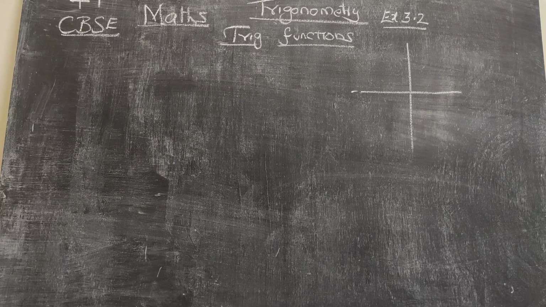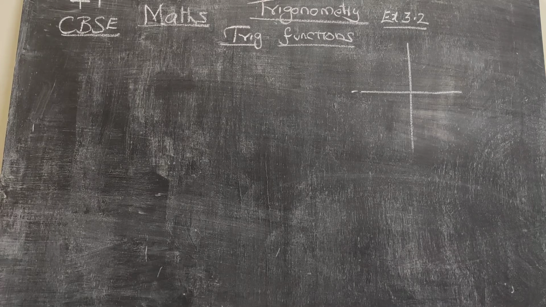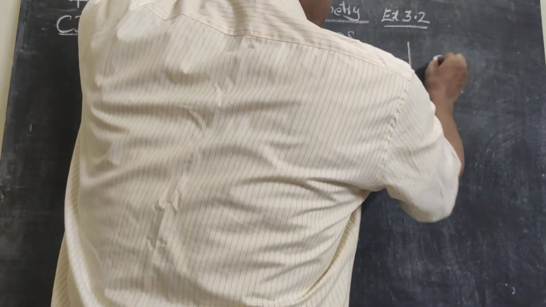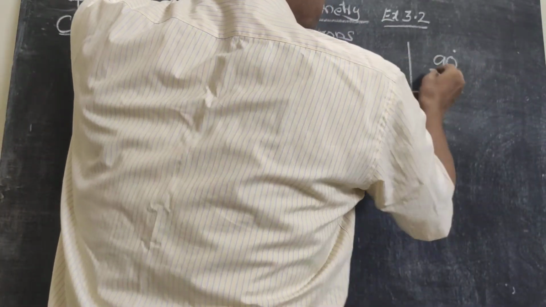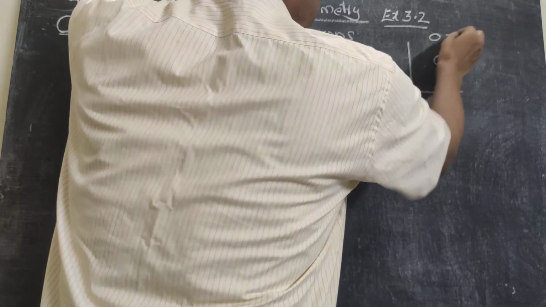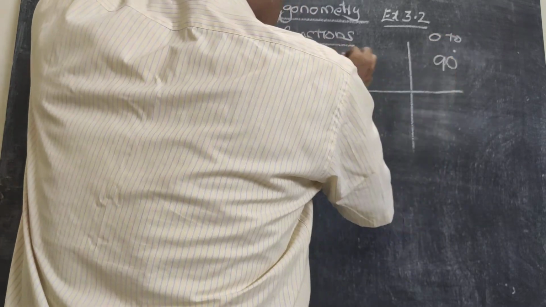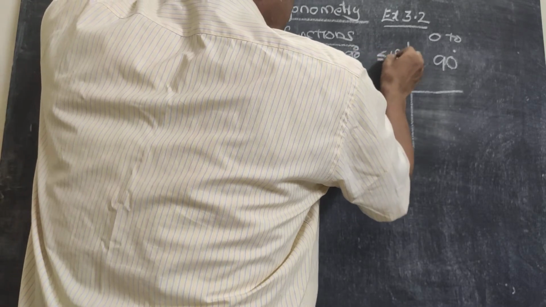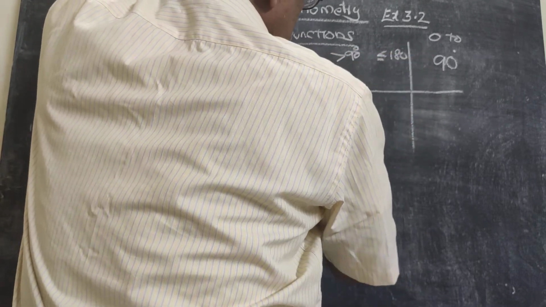Trigonometry functions. Very easy one. A circle is divided into 4 quadrants. The first quadrant is up to 90 degrees, 0 to 90 degrees. And more than 90 degrees and less than or equal to 180 degrees is the second quadrant.